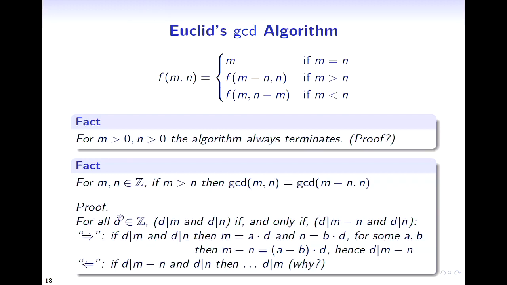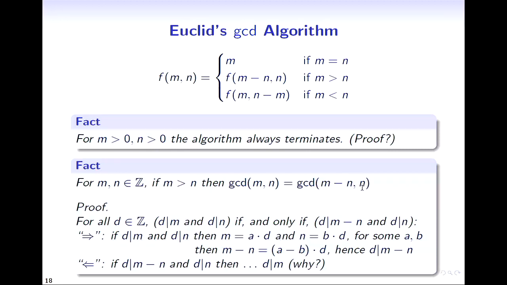It does make an even bolder claim. It says not only is the greatest common divisor the same for these two numbers, but as a matter of fact, these two pairs of numbers have all divisors in common. That is, every d is a divisor of both m and n, if and only if d is a divisor of m minus n and n.